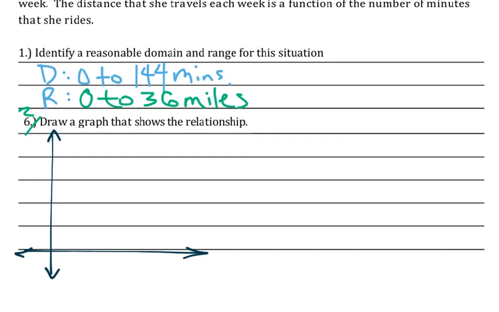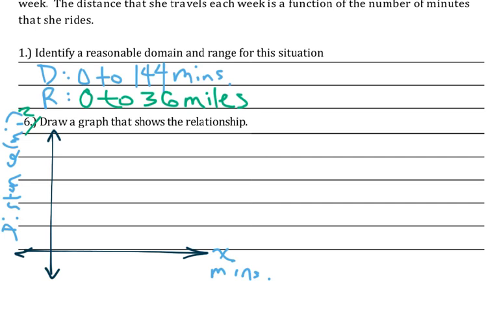When I look at my domain, which is really the x-axis and its inputs that are reasonable, I'm going to label x, and I'm going to tell it that it's in time, so MINS here. And then my y-axis is going to be distance, so I'm writing DISTANCE, and then in parentheses after that I'll put MI. I would abbreviate here.